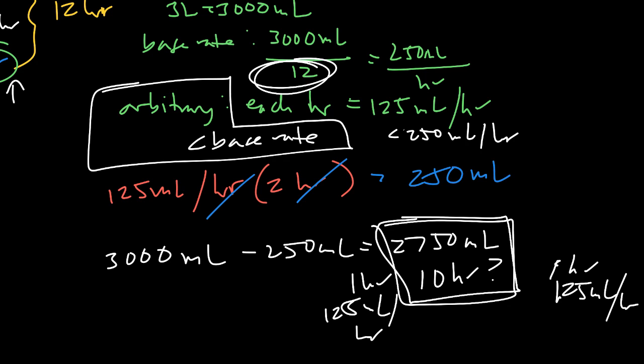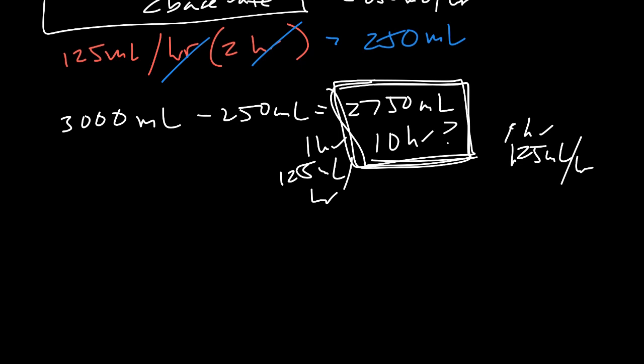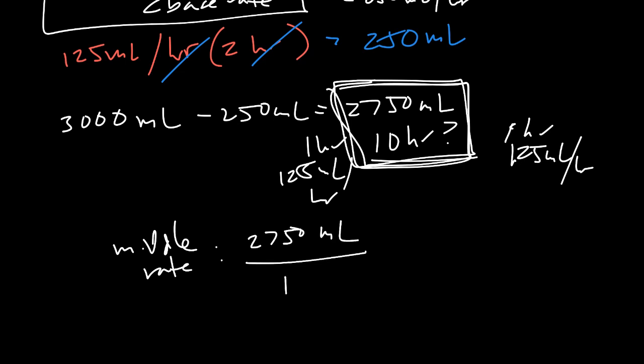Now we have to know exactly what the remaining fluid rate is, so over 10 hours, not over 12 hours, because you already accounted for the first and the last hours. So your middle rate would be 2750 milliliters over 10 hours, which would give you 275 mils per hour.